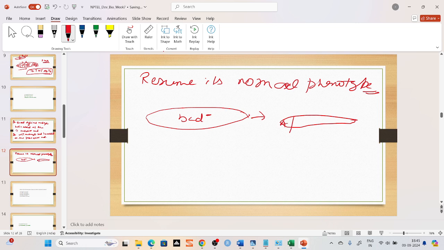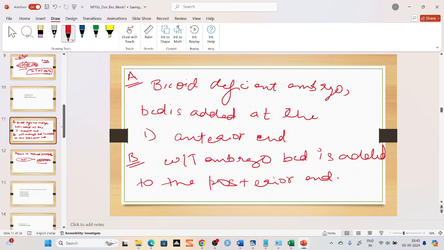Acron, head, thorax, abdomen, and telson. Since it is added at the anterior end, your gradient will go in this way, and your head would be formed first, then thorax, then abdomen, then telson. So when bicoid is added at the anterior side to a bicoid deficient embryo, it would resume its normal development or normal phenotype.